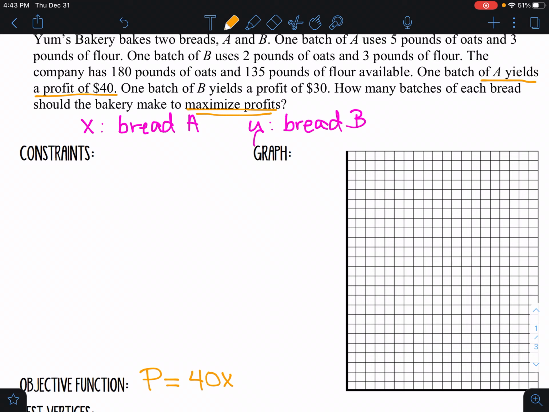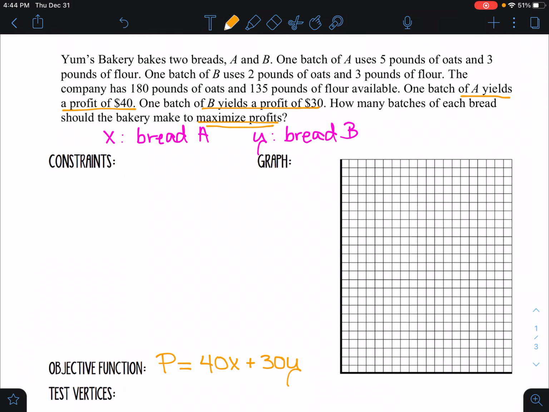Okay, and one batch of B yields a profit of $30. So plus 30Y. Okay, now that is my objective function. Notice it's an equation and I've got that. So I'll use that later, but now I know I'm not using any of these things right here in my constraints right here.